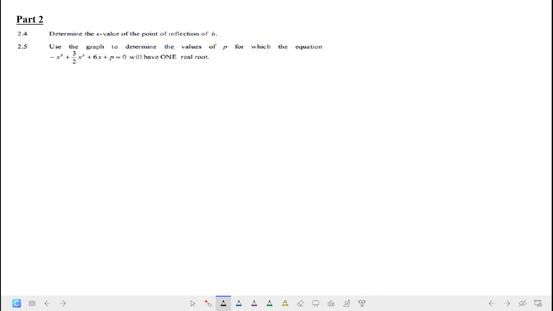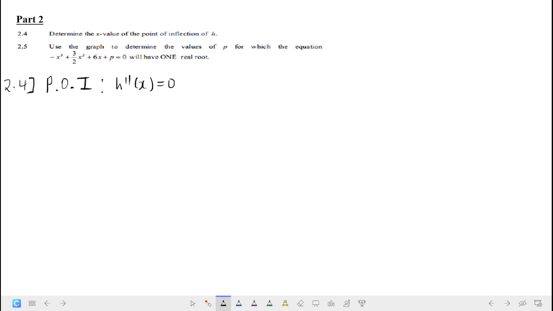Now the next question says let's determine the x value of the point of inflection. So 2.4, the point of inflection, let's call it P O I. That's when the second derivative is 0, right?